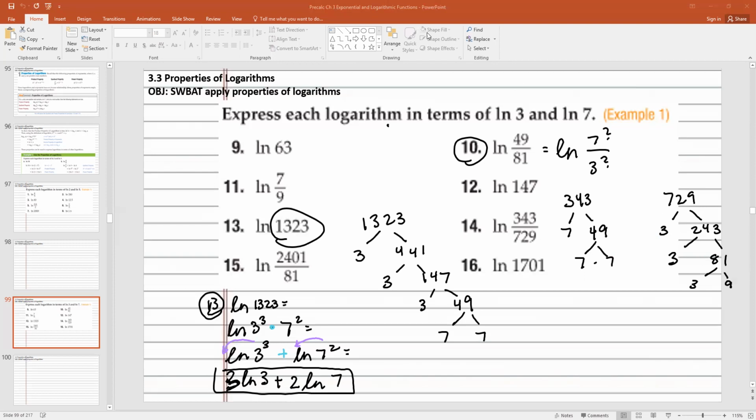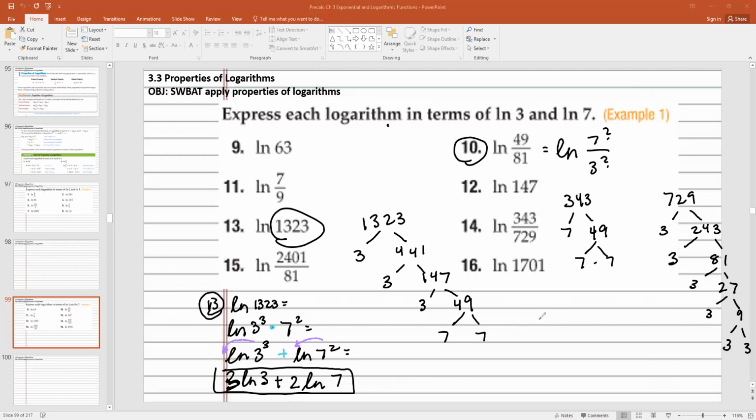Sorry, 3 to the 4th. Oops, what am I doing? All right, there you go. It's a lot of threes. Okay, so 1, 2, 3, 4, 5, 6.